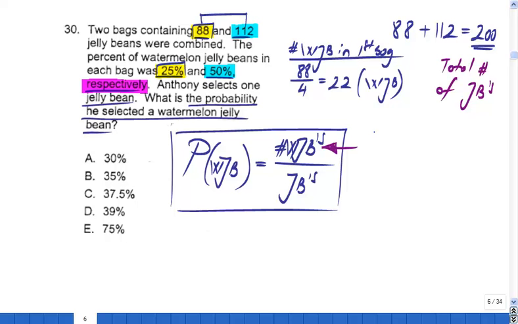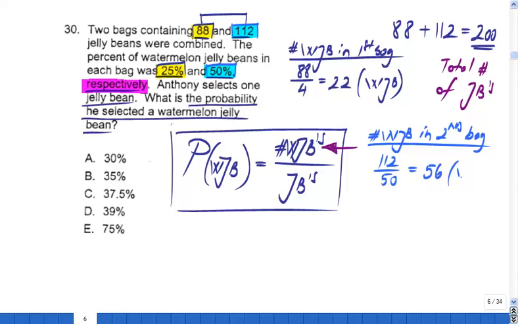Moving on. In the second bag, we have to find the number of watermelon flavored jelly beans. In the second bag, I have 50% of all my jelly beans being watermelon flavor, right? Which means half of 112, which is 56.